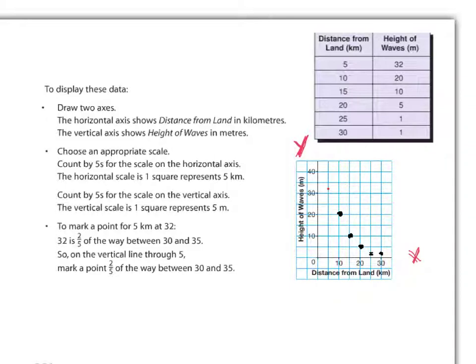Now, is this continuous or is this discrete data? Should I be connecting my lines or should I not? Well, the height of the wave, does it jump or does it continuously grow? Will I be able to have a decimal number in there? Could I have a half? It's continuously growing, or continuously shrinking in this case. And yes, I would have to join my dots together.